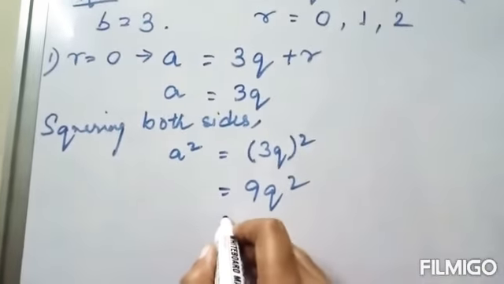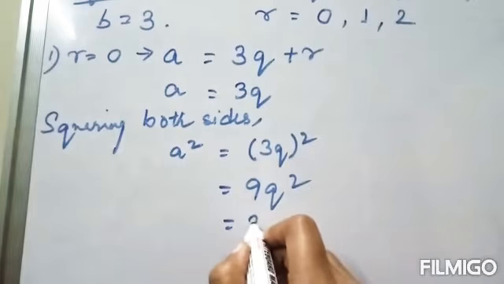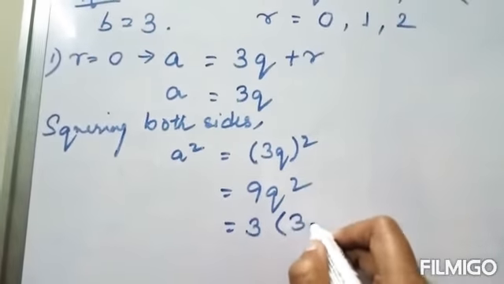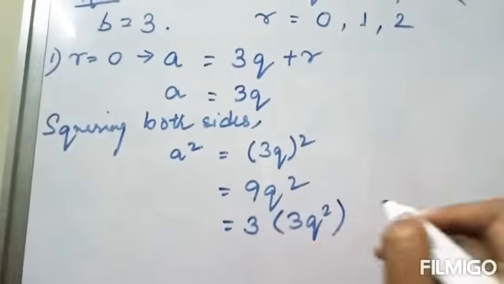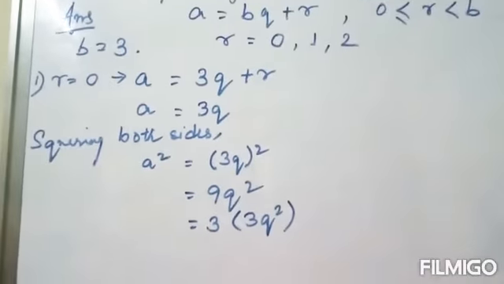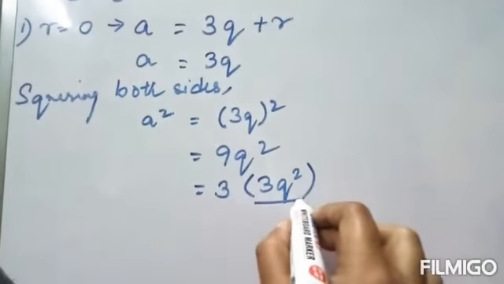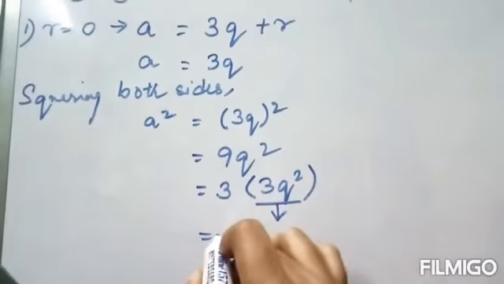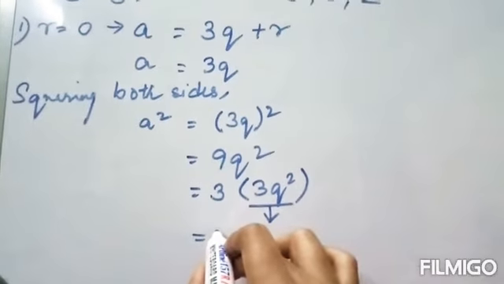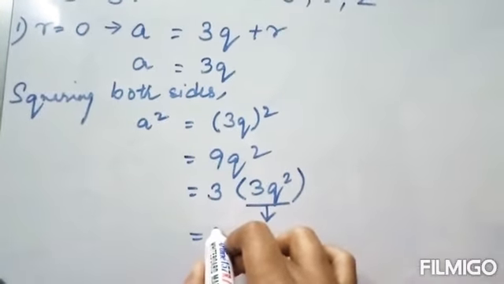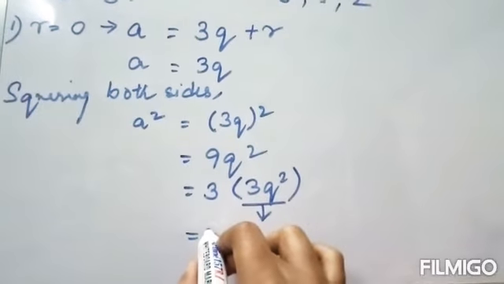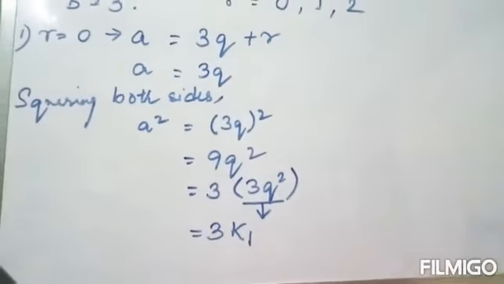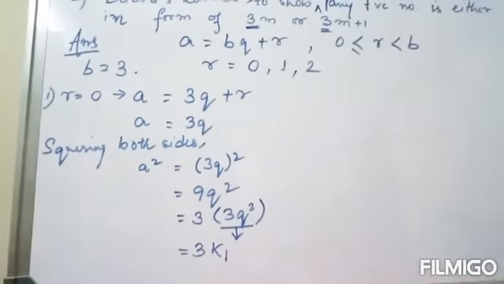Or we can say, if we take 3 common, 3 times 3Q square. Now as this is squared, if we take this as any positive integer, say k1, we can say 3k1, right?